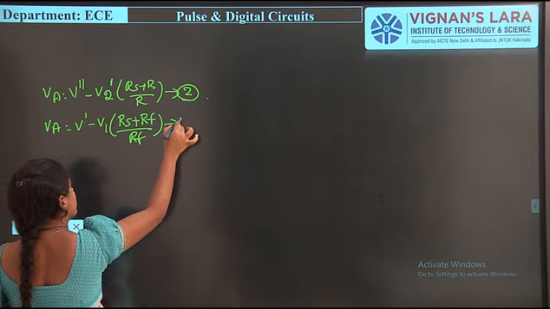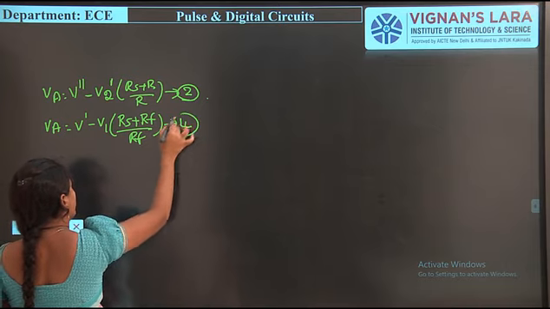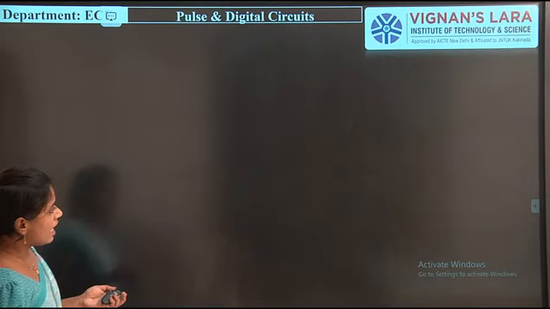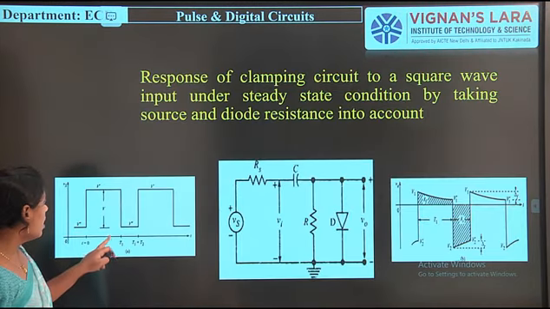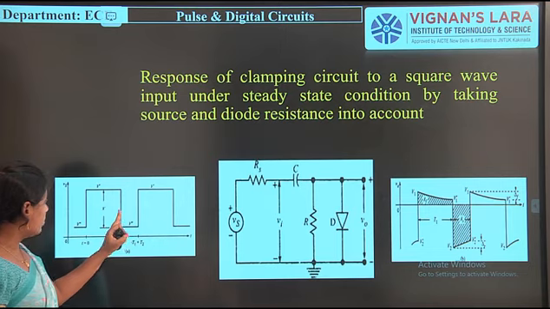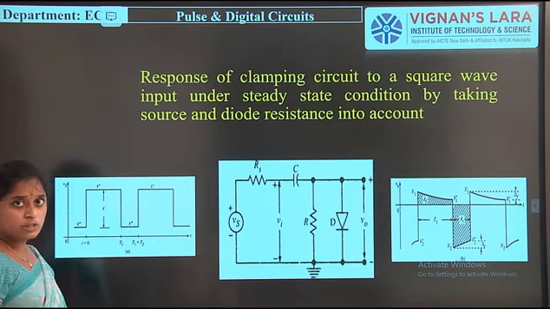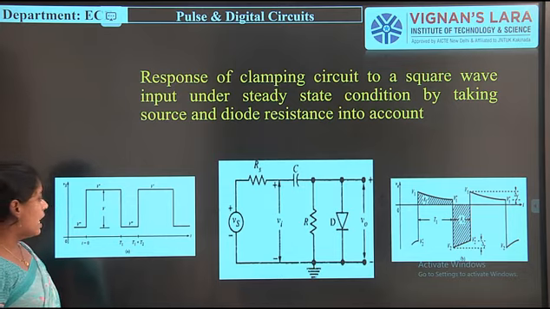So this is equation number 4. From this diagram we apply different conditions, that is at t equal to t1 minus condition and at t equal to t1 plus condition also we have to observe. Based upon that we get the output waveforms like that.